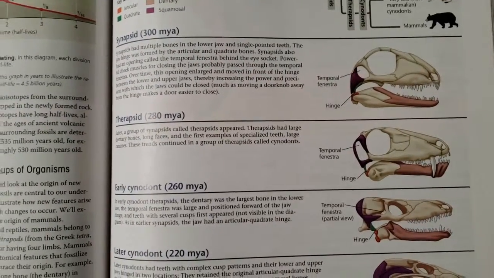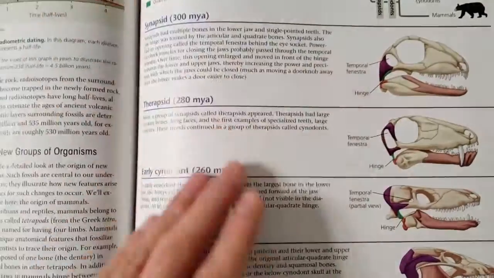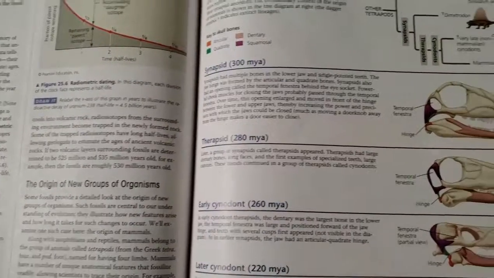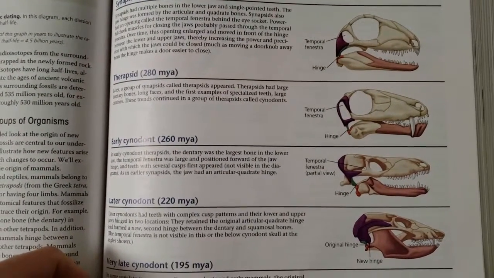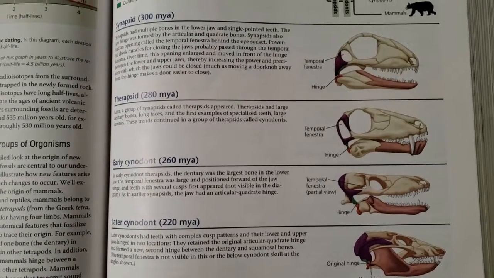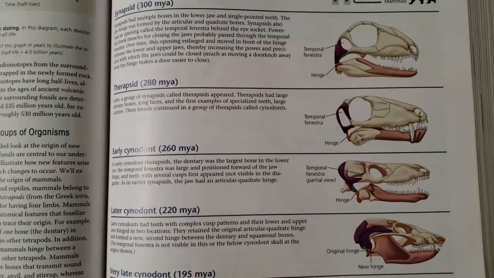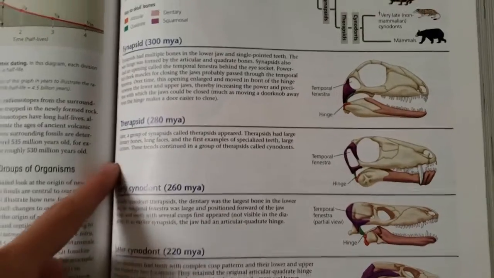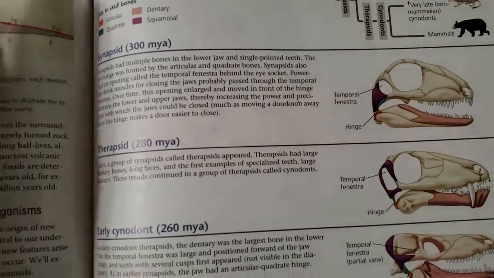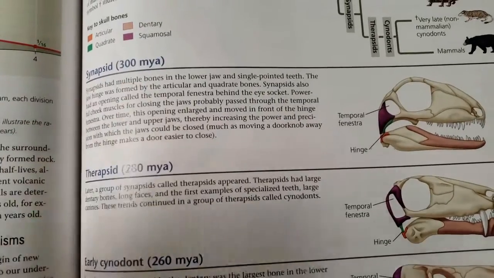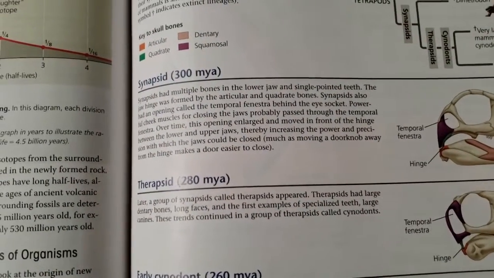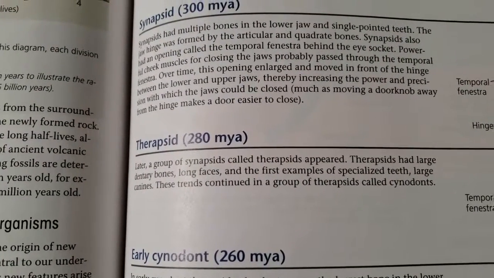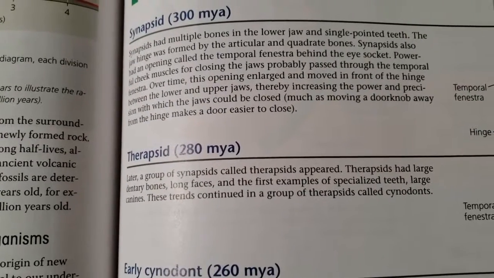You can see the overall change in their bone structure, such as over here. It just sort of looks like it becomes a bit more streamlined over time. Later on, it says they had multiple bones in the lower jaw and single pointed teeth, and the jaw bones were formed by the articular and quadrate bones.